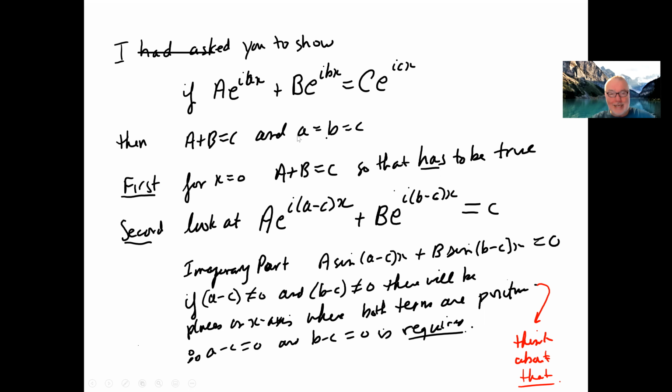And so it has to be true that lowercase a equals lowercase b equals lowercase c. You'll see why this matters in just a minute. It's a very important thing to remember that this relationship holds. It's a question in Griffiths to show this, but anyway.